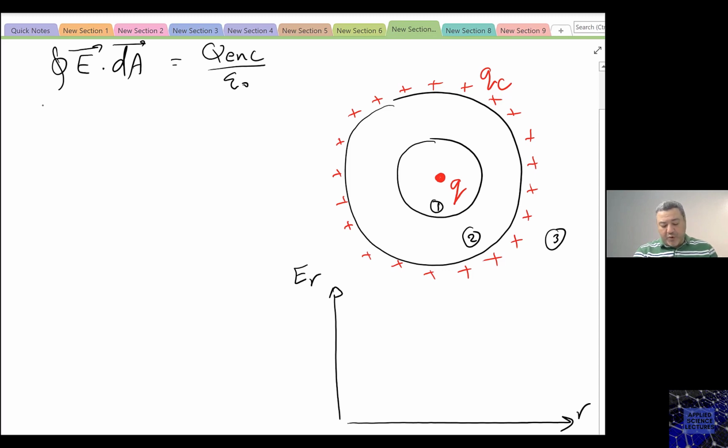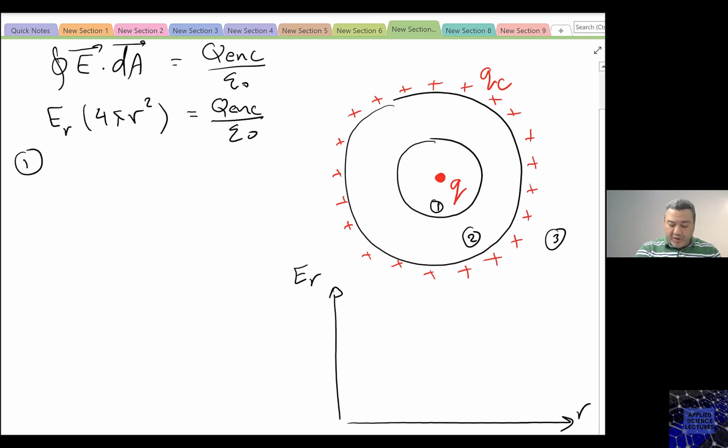In this case, as you have seen earlier, the electric field will be ER times the area of the sphere, which is 4 pi r squared, equals Q enclosed divided by epsilon naught.